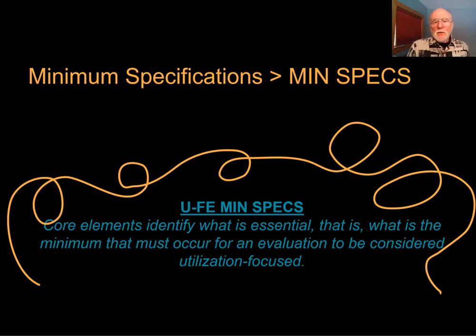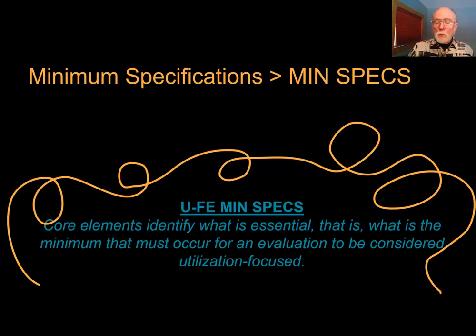If something says that it is something, does it actually show the characteristics of that thing? So when evaluations are labeled utilization-focused, the fidelity question is, what are the things that have to be included to actually constitute a utilization-focused evaluation? And those are the min-specs.